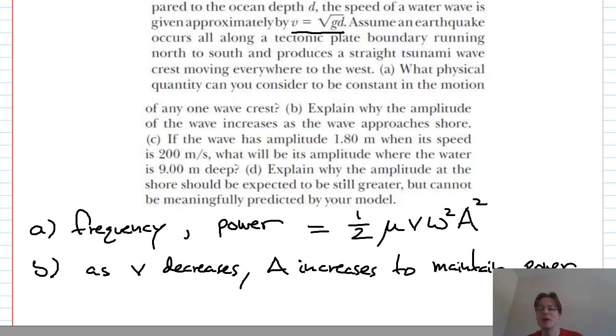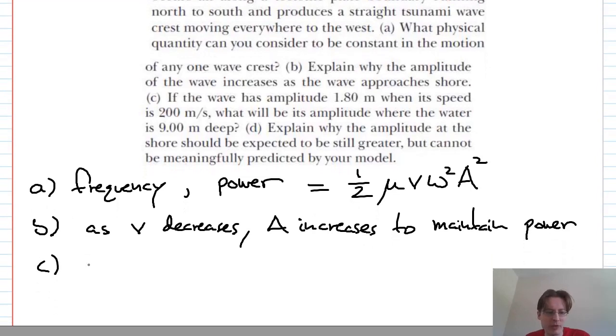I'm assuming no energy is lost as the wave travels along, like from friction or something with the seafloor. So if the wave has amplitude 1.8 meters when its speed is 200 meters per second, what will be its amplitude where the water is only 9 meters deep?